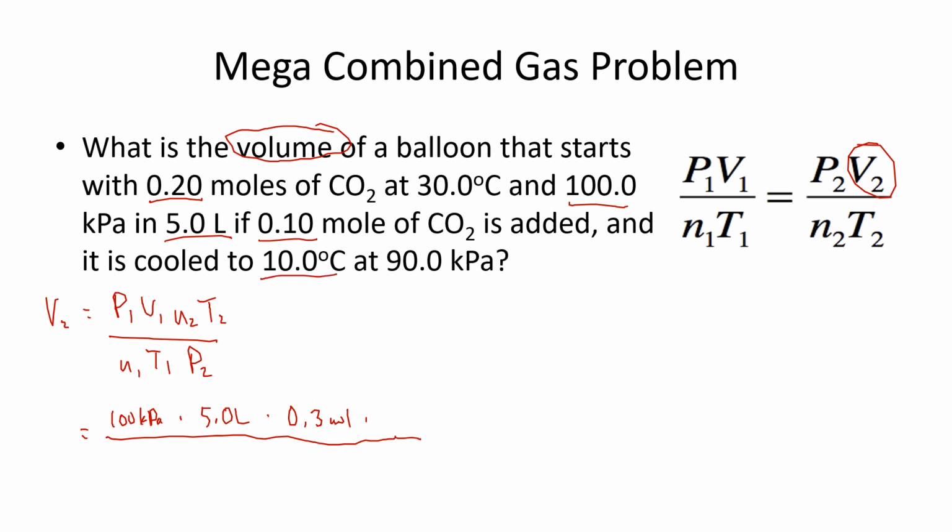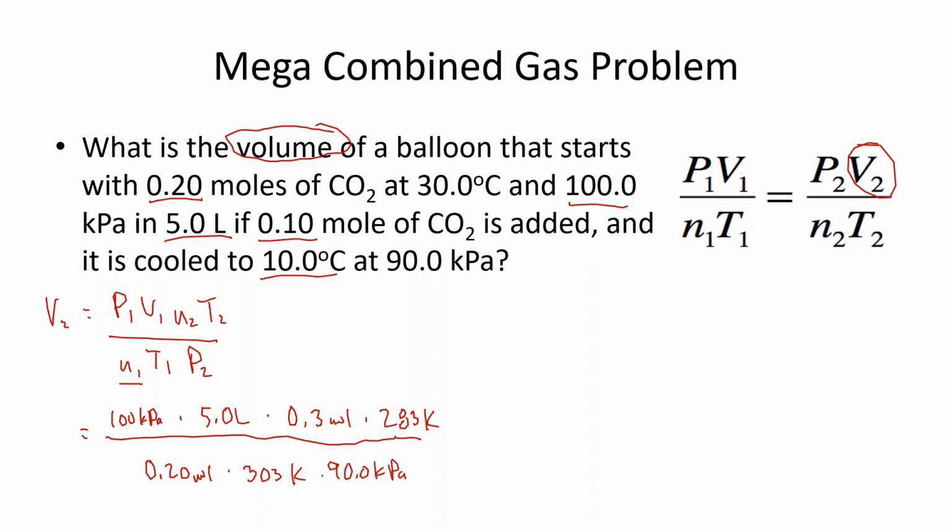We know it needs to be in Kelvin, so that is going to be 283 Kelvin. The initial number of moles was the 0.2 moles of the carbon dioxide. The initial temperature was 30 Celsius, which is 303 Kelvin. And our final pressure was 90 kilopascals, so pressure went down a bit.